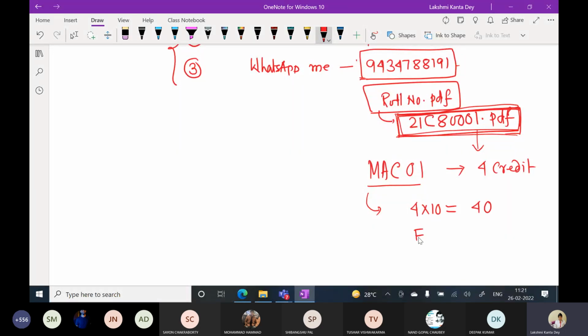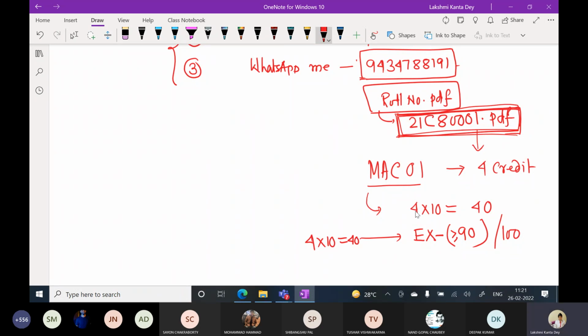If you score EX, which means greater than or equal to 90, so 90 to 100, out of 100, then your grade is EX, and in that case your points are 4 into 10, that is 40 out of 40, 100%.